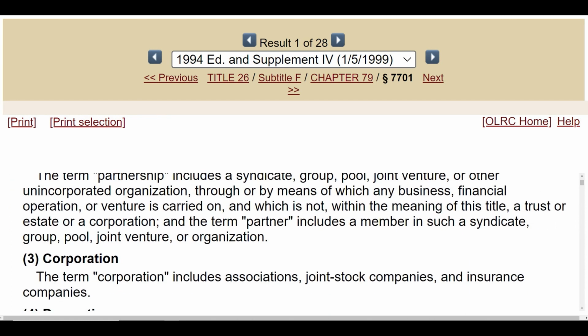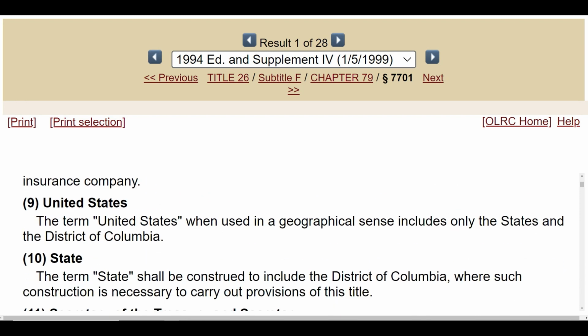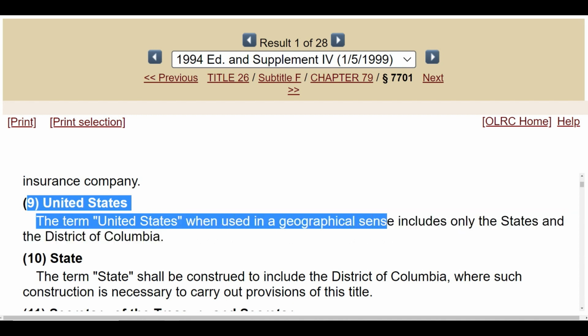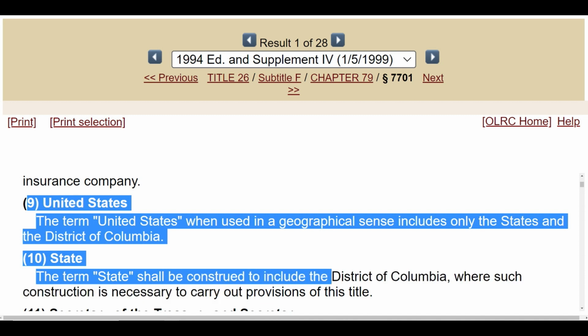Among the main terms defined, you see in (9) and (10), are the terms United States and State. The term United States, when used in a geographical sense, which is what we want, includes only the States and the District of Columbia, and the term State shall be construed to include the District of Columbia.